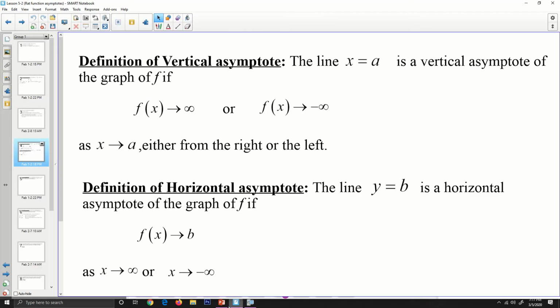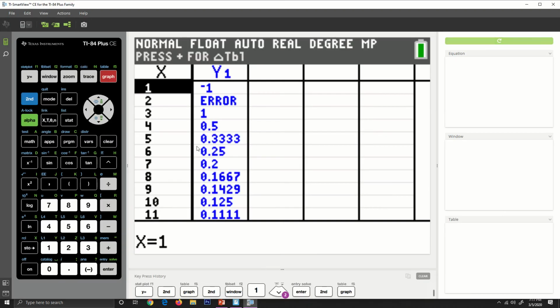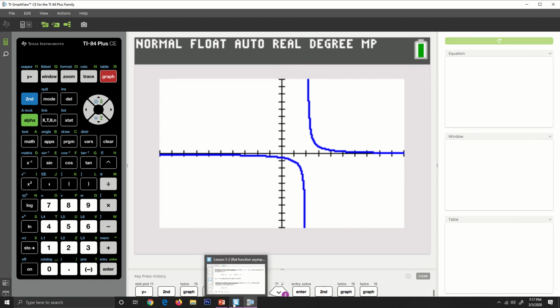And we also have a vertical asymptote for this particular one. Or a horizontal asymptote, if I hit my graph again, you'll see that as x goes to positive infinity and as x goes to negative infinity, this function tends to look closer and closer to the line y equal to 0, or what we normally call the x-axis.